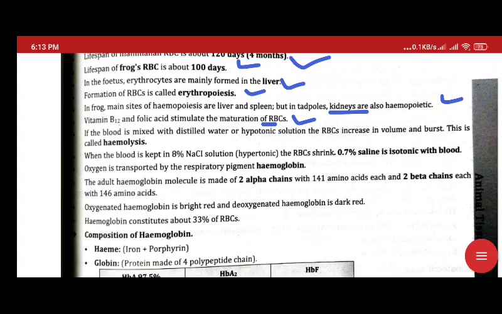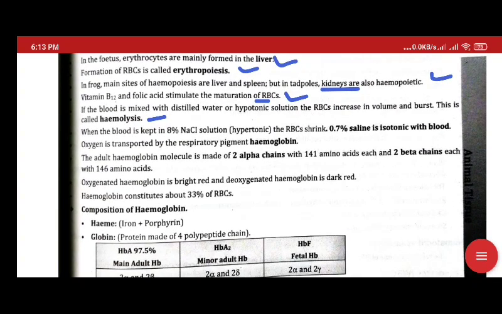Now hemolysis means destruction of RBC. Now we have 0.8%, this should be 0.8% saline solution. Here it is given 0.7 or 0.8% of NaCl found in blood.